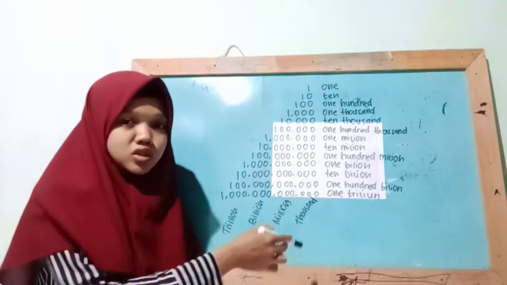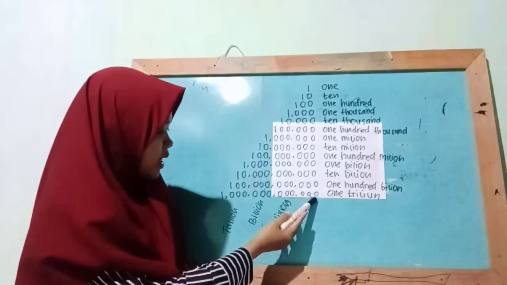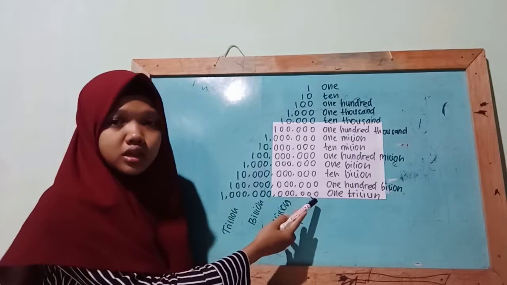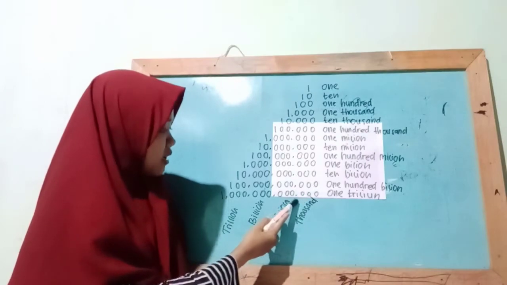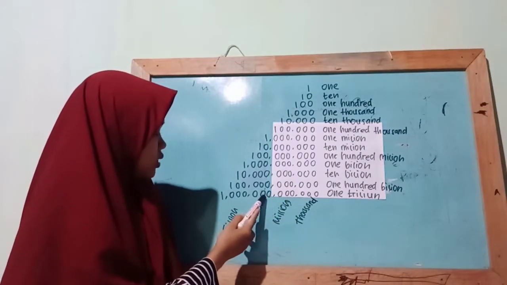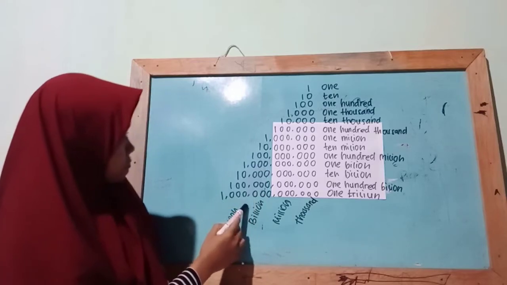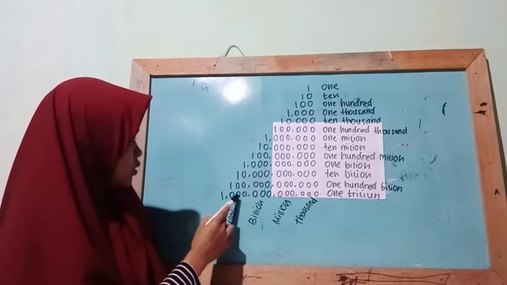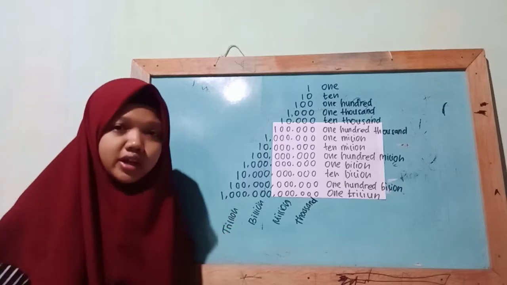So if I start here, 1, 2, 3, comma, 1, 2, 3, comma, 1, 2, 3, comma, 1, 2, 3, comma. Okay?